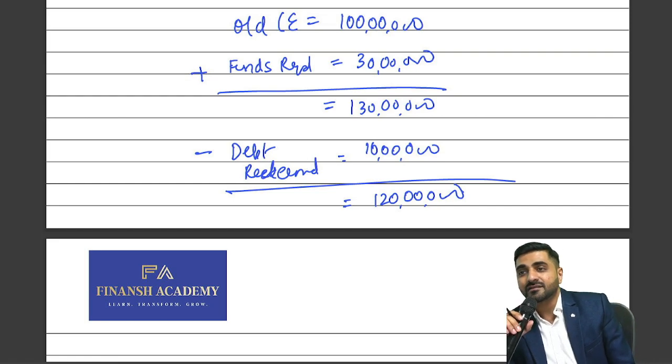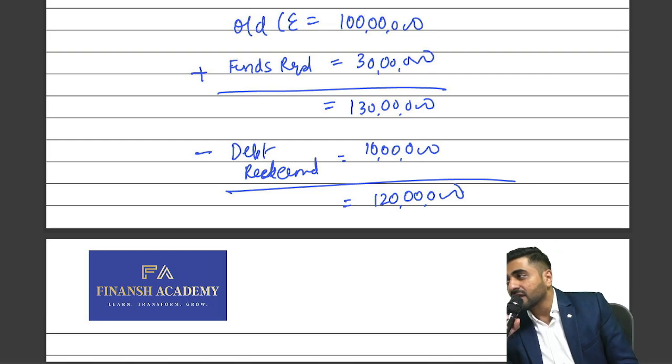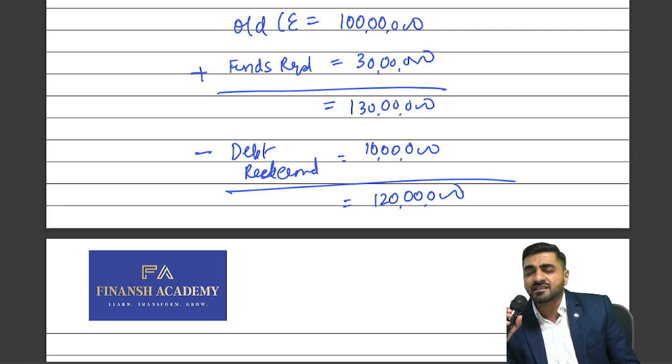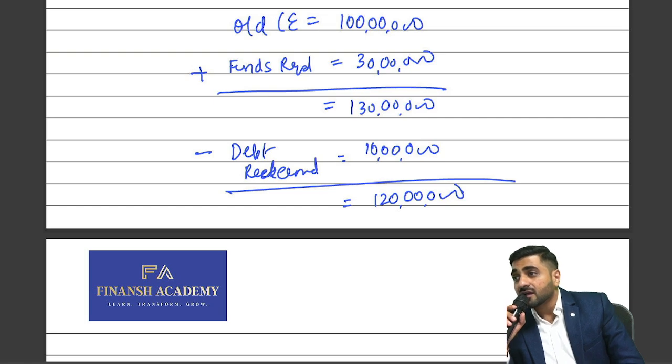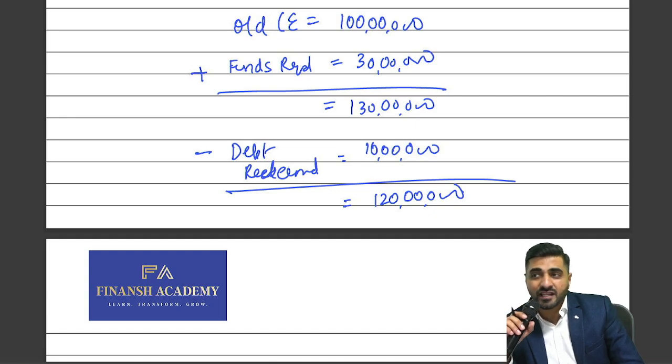1 crore 20? Once again, was the company already having some existing capital? What was the existing capital the company was having, beta? 1 crore. Is the company now raising new funds? How much is the amount? 30 lakhs. So total amount will be how much, beta? 1 crore 30 lakhs.